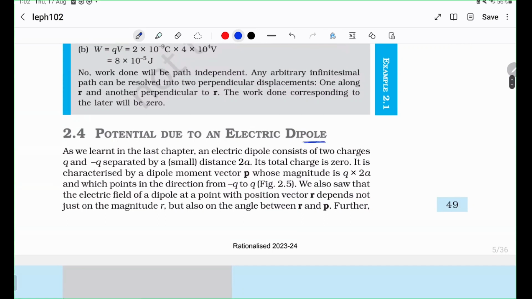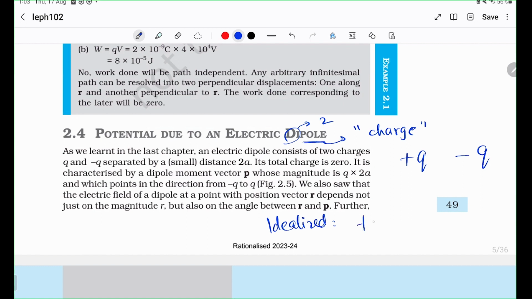Dipole. A pole actually means a charge. The pole just means a charge. Di means two. So it really just means two charges. But the special property of a dipole is that one charge is positive and the other charge is negative with the exact same magnitude.